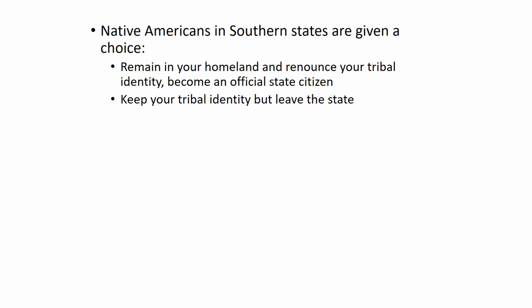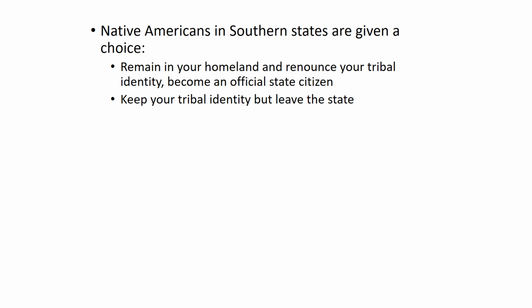In 1838, federal troops were sent to Tennessee to help initiate removal of the Cherokees to Indian Territory, which was the name for what is now Oklahoma.